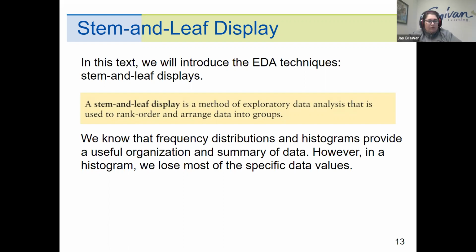However, in a histogram, we lose most of the specific data values. Remember we talked about how it's kind of related to a bar graph. So you just see that block, and it tells you how many are there, but it doesn't actually show you each individual piece. With the stem and leaf display, you're actually going to be able to see each and every piece.